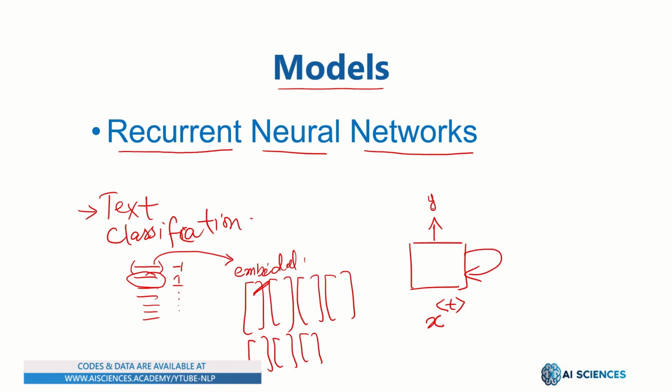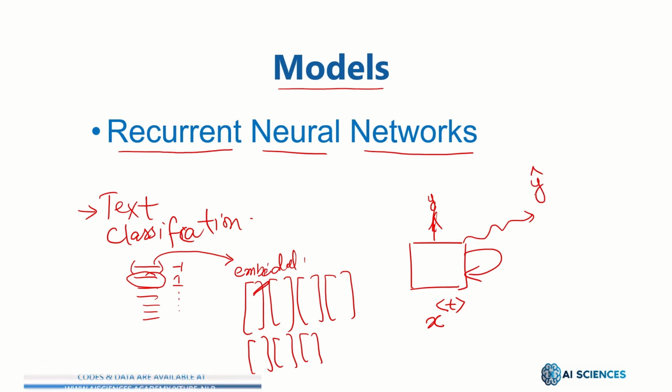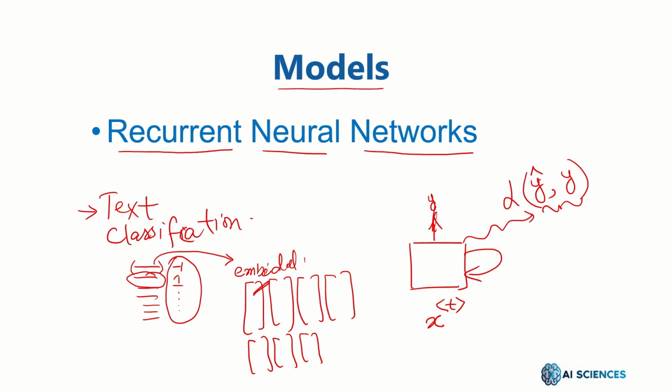In this particular case, we will compute y at the very end of the unrolled network. So y hat, and with this y hat and the original y, we will compute a particular loss and apply backpropagation to learn the classification. This is true in the case of binary classification, or if we have multiple classes, we can deploy a softmax unit here.